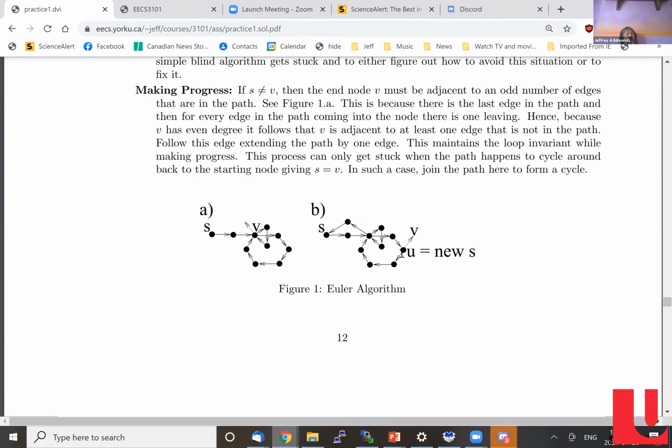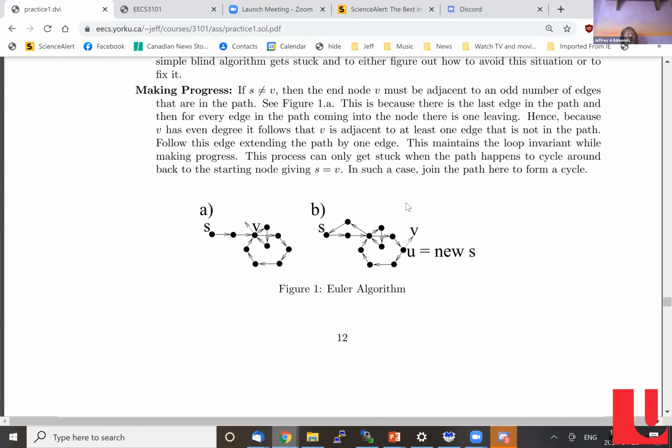But now the advantage is I can continue. I start at U, I come back to U, and then I continue along to V. And that is how I can keep making my cycle longer and longer, right? Does that make sense? Yeah.